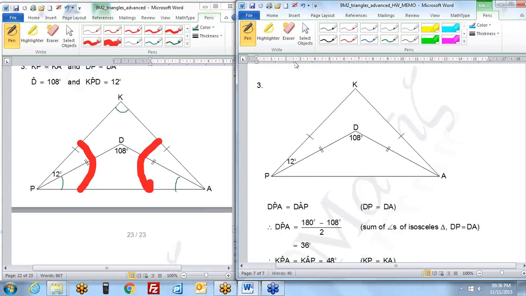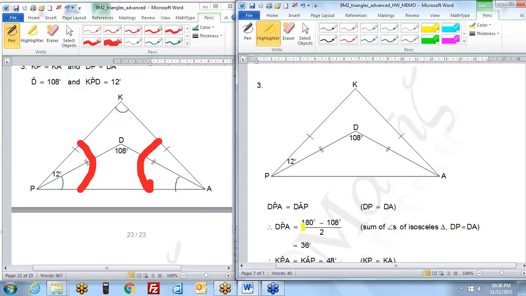Right, that angle there, DPA, equals angle DAP, because DA equals DP.